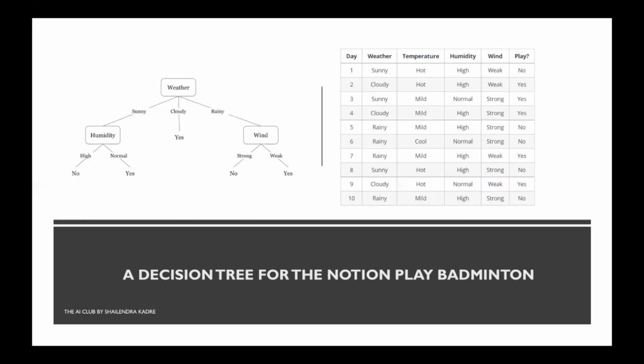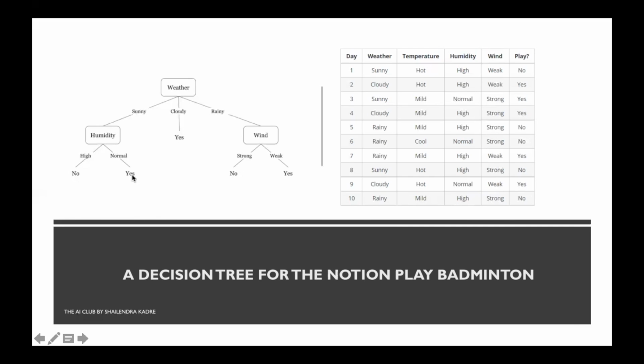That is the reason in this weather equal to sunny branch, we are checking humidity. With weather as sunny and humidity as high, we found that the play will never happen, so we have written no here. And if humidity is normal, play is yes.